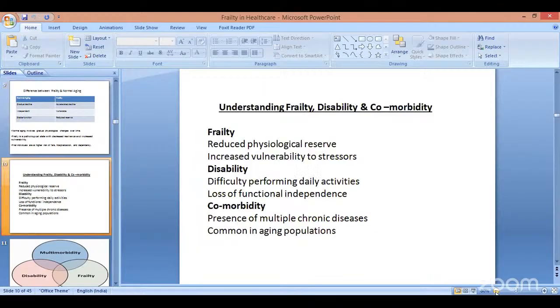So, understanding frailty and disability along with comorbidity. Frailty, as we said, is a reduced physiological reserve and increased vulnerability to stressors. Disability means difficulty performing daily activities and loss of functional independence. Comorbidities are when patients already have multiple chronic diseases, which are commonly seen in the aging population.